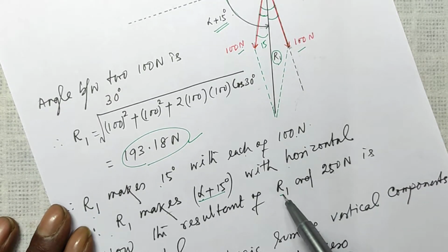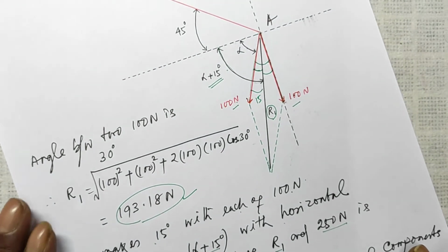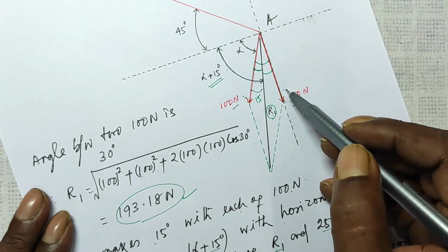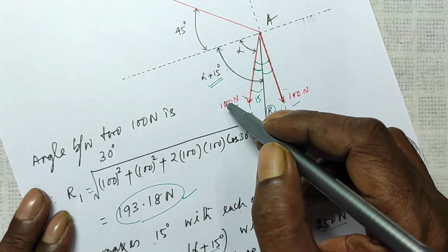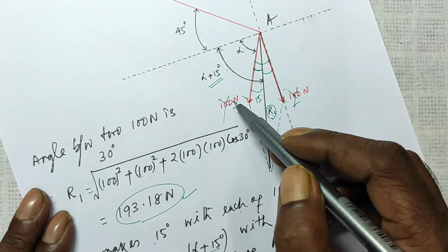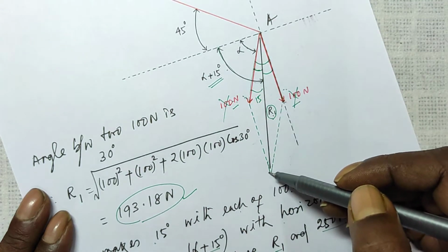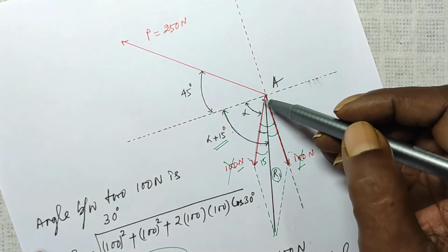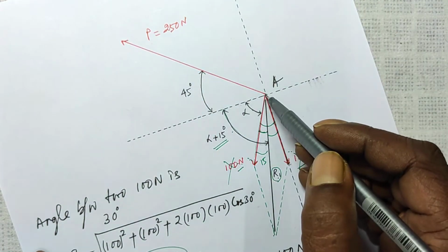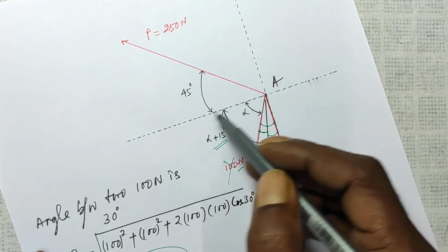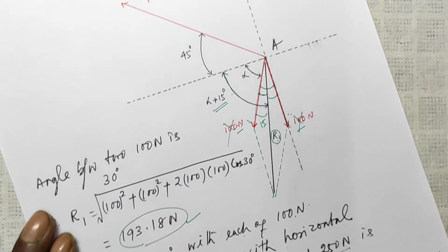Now the resultant of R1 and 250 Newton is horizontal as per the question. Since we have considered the resultant of these two 100 Newton forces, I can forget these and instead consider R1. So now the resultant of R1 and this 250 Newton is to be horizontal towards the left of A. That is what the question demands.